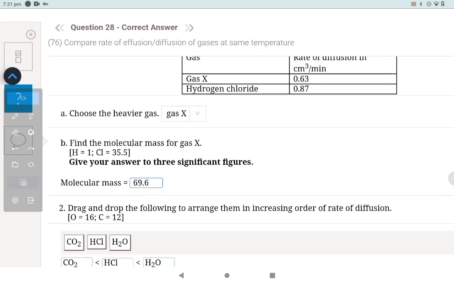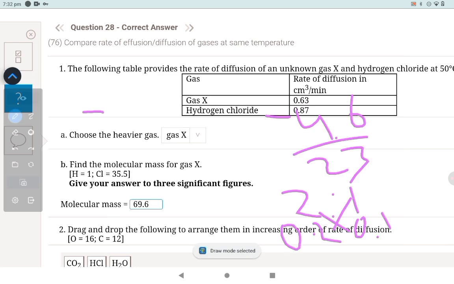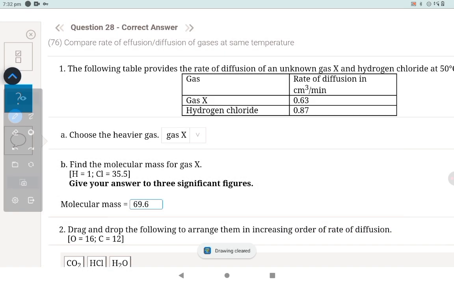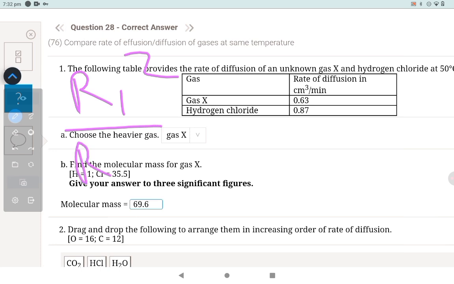Molecular mass of gas X. Okay, now this one, how do we do it again? Yeah, okay, rate of diffusion. So rate of diffusion, I just write it R. Okay, R1 squared over R2 squared is equal to the molar mass of 2 over the molar mass of 1, it's always opposite.